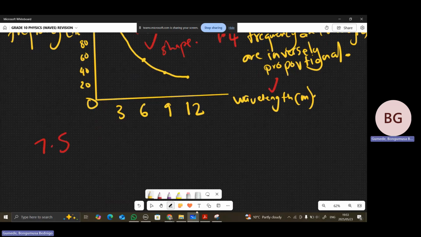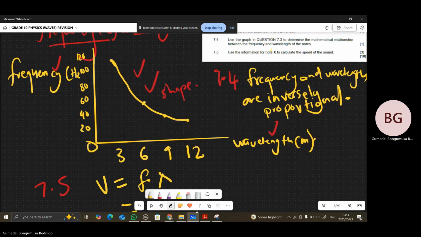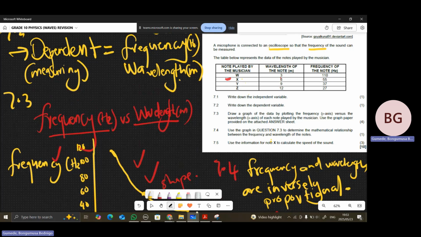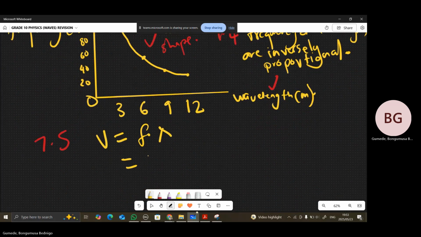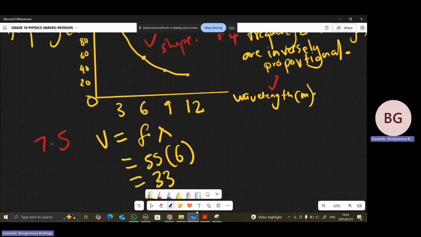7.5. It's going to be the velocity, or the speed of sound, equals f times lambda. The frequency is 55 and the wavelength is 6. 55 times 2 is 110. 110 plus 110, plus 110, 330. 330 meters per second.